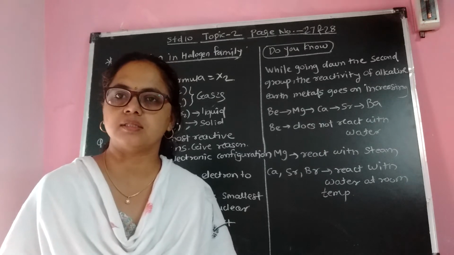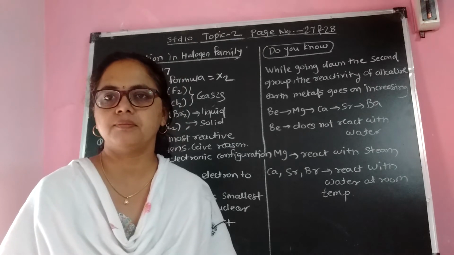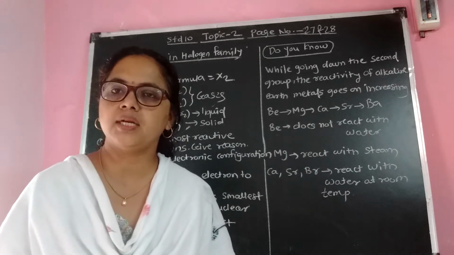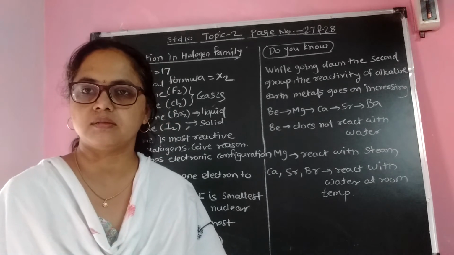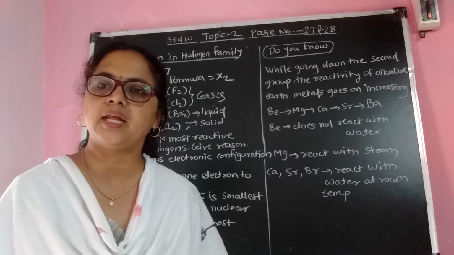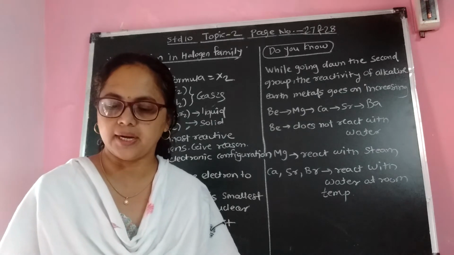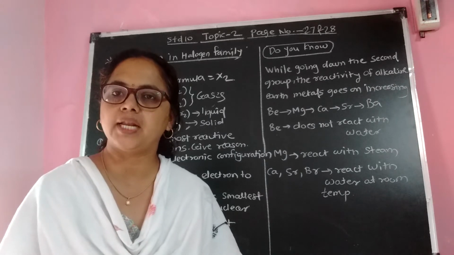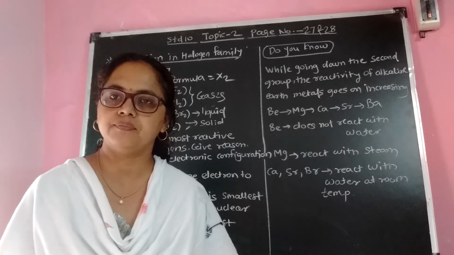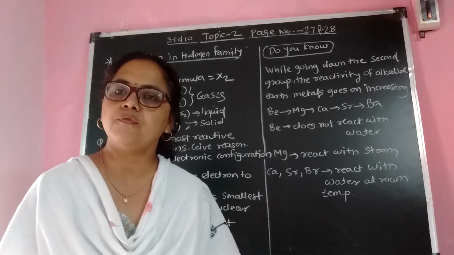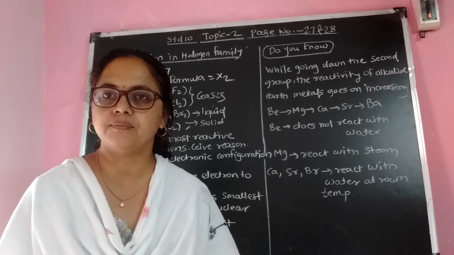3 questions are asked. What is the cause of non-metallic character of an element? The elements have a tendency to form anions by accepting electrons. This is the main cause of non-metallic character of an element. Second question is, what is the expected trend in the variation of non-metallic character of elements as we go from left to right in a period? As we go from left to right in a period, non-metallic character goes on increasing.